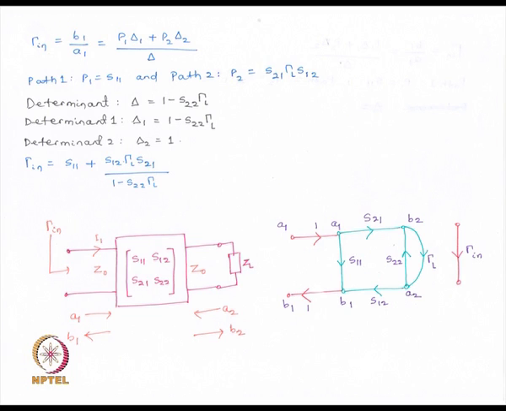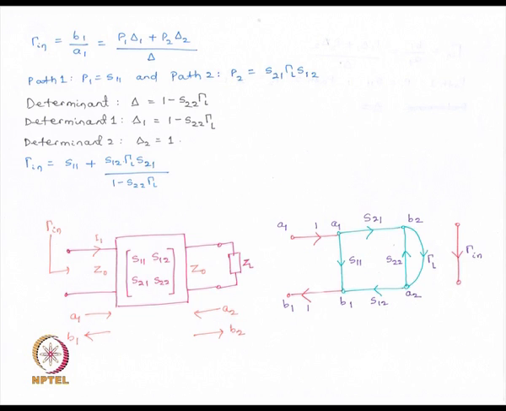Between A1 and B1 there are two paths, hence applying the Mason's rule formula that I just showed earlier, gamma in, that is the gain between B1 and A1, should be given by path 1 gain multiplied by delta 1 plus path 2 gain multiplied by delta 2, upon delta.